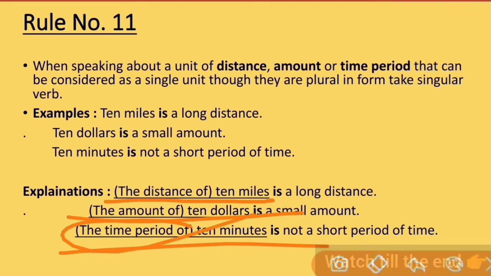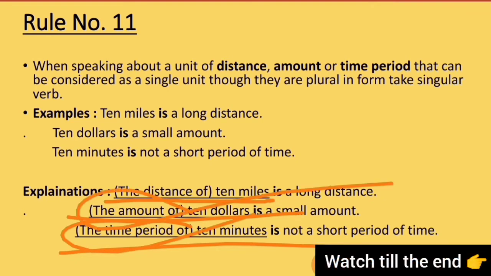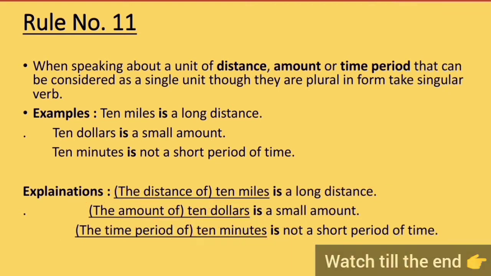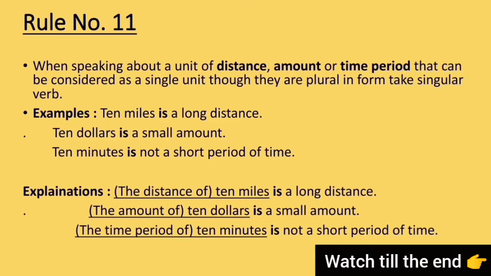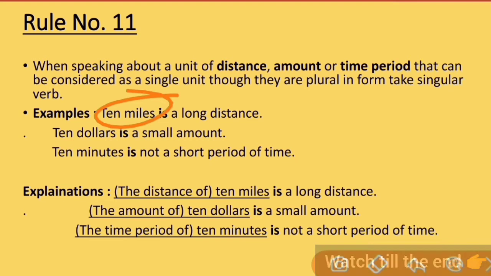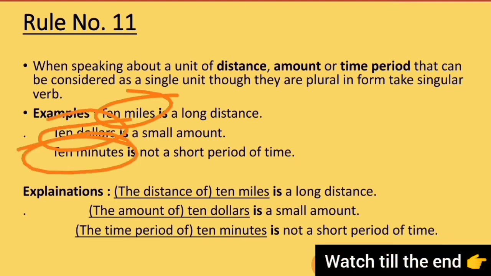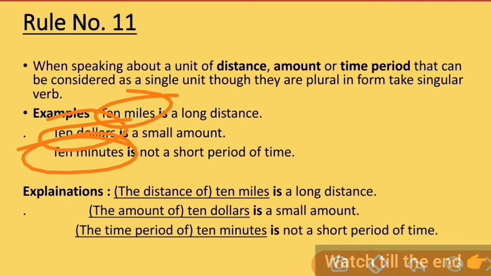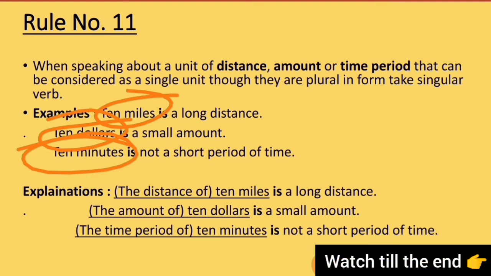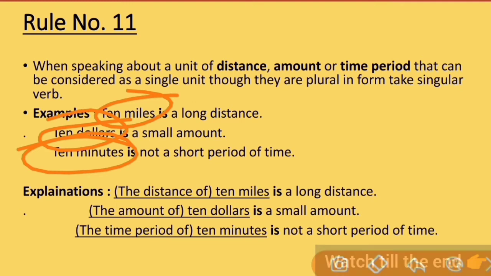The time period of 10 minutes, the amount of $10, so they take singular verbs because they can be considered as a singular unit. They are all singular units: 10 rupees, $10, 10 miles, 10 minutes, 5 minutes, $5, 5 rupees. They are all singular. Okay.